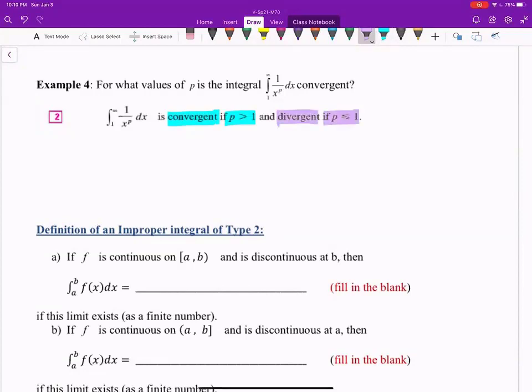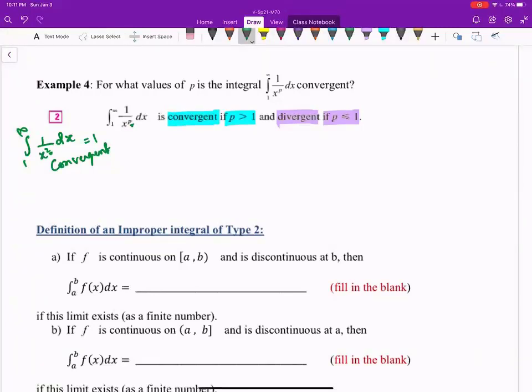You already saw one example at the beginning of this section: the integral of 1 over x squared from 1 through infinity turned out to be equal to 1, and we mentioned that this integral is convergent. You notice here the p value is equal to 2. So this will happen for any p value more than 1.